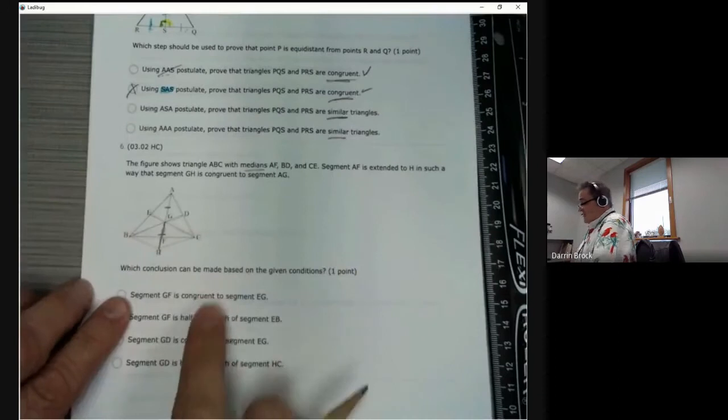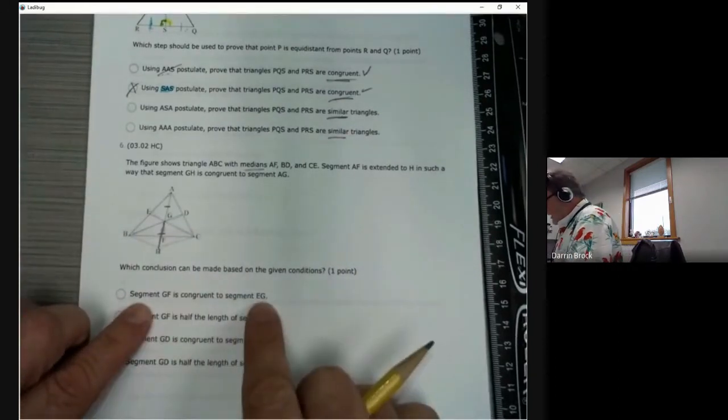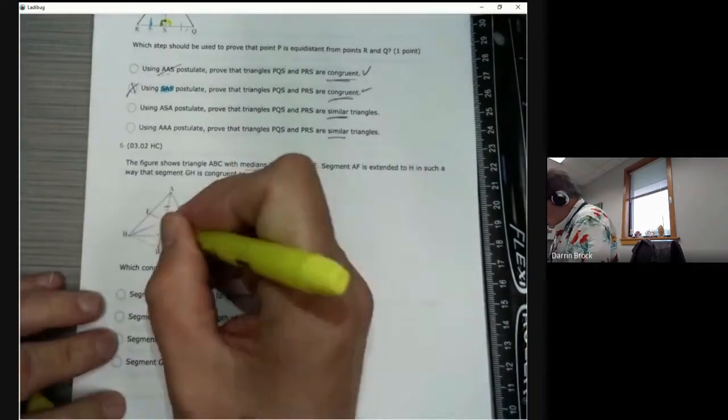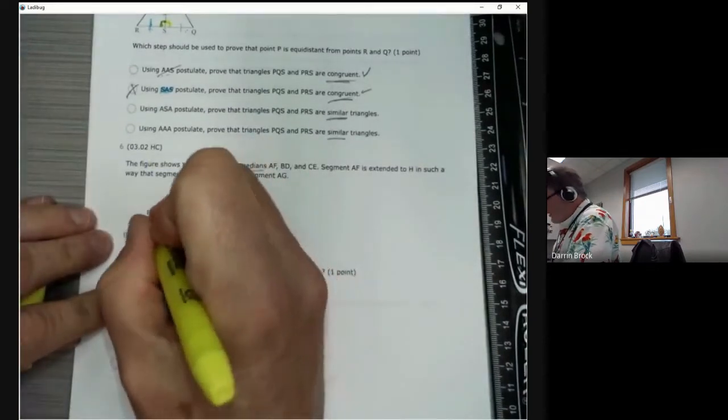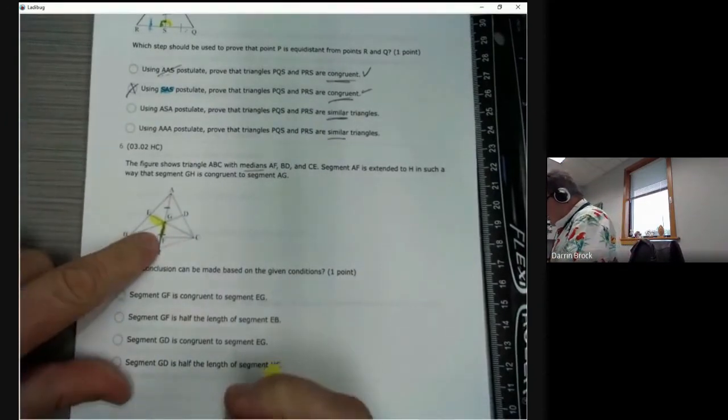So what conclusion can we make? Can we conclude that segment GF is congruent to EG? GF, let's see, is this little short one right here. GF and EG. Can we conclude that? No. In fact, it even looks shorter here.